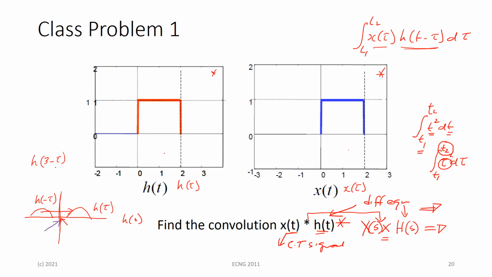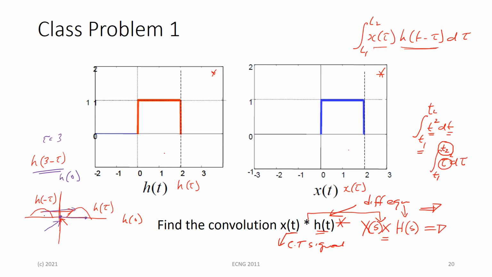For h(3 minus tau), if I ask you where h(0) is located now, it will be at tau equal to 3. That gives me my h(0) point, somewhere about here. So h(3 minus tau) means this has been slid to the point where h(0) is now here.